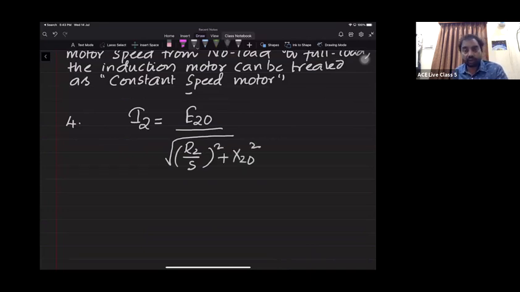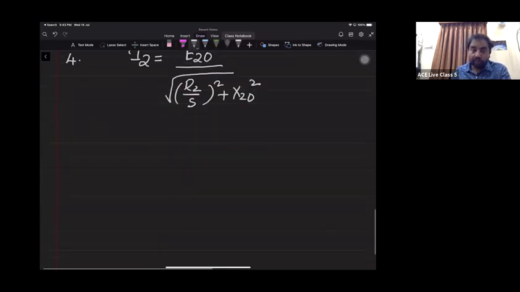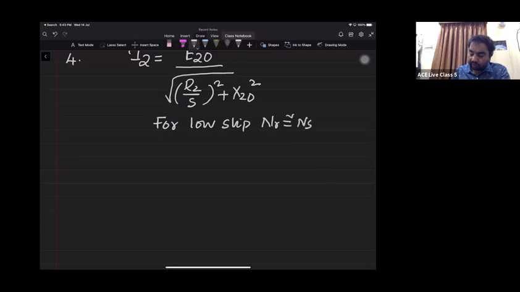This is the equation for the rotor current, right? Done. But you know that the machine is always operated with low slips. So for low slips, what is the operating range for the induction motor? 2 to 8%.